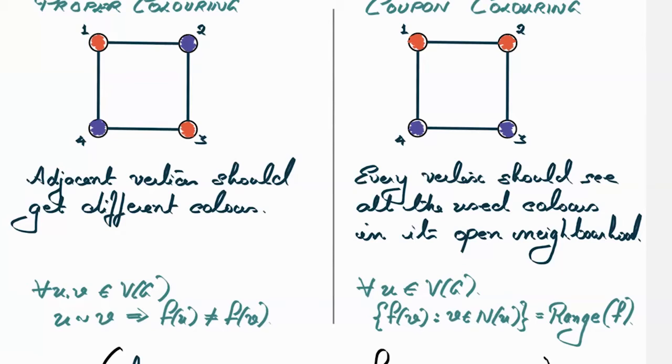So in some sense, every vertex wants to see all the colors that are used in its open neighborhood. Okay, so that's the definition of what a coupon coloring is.